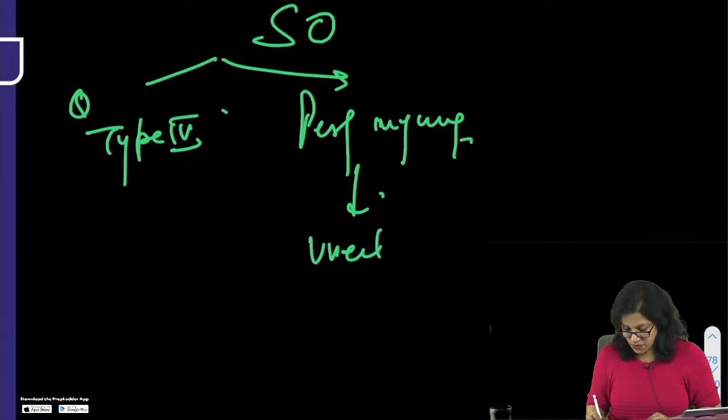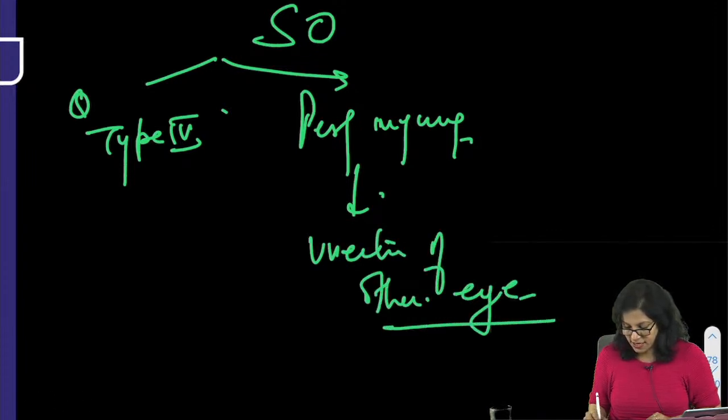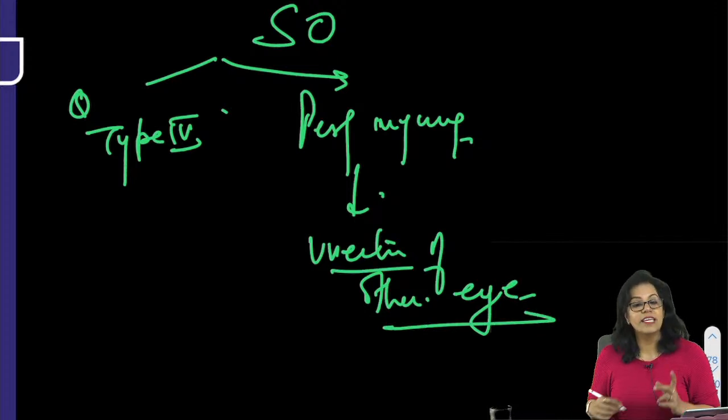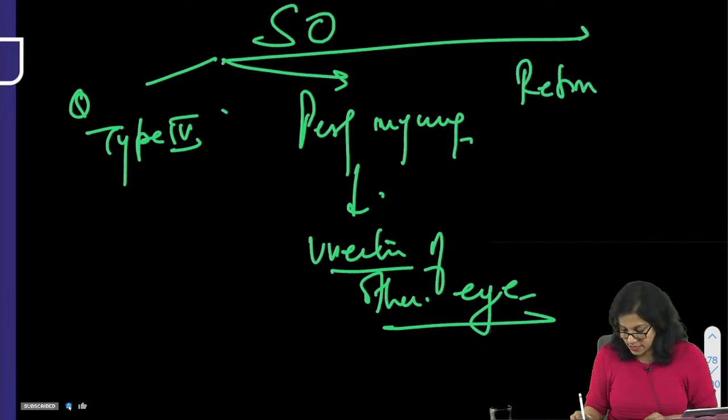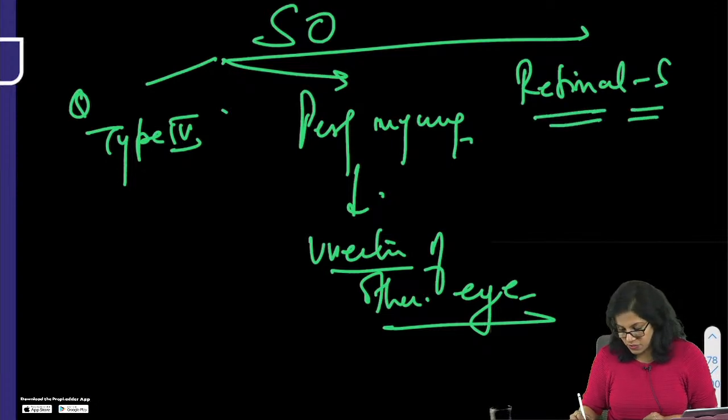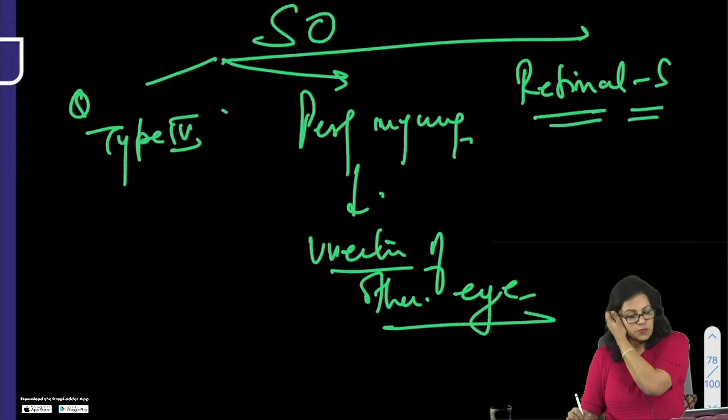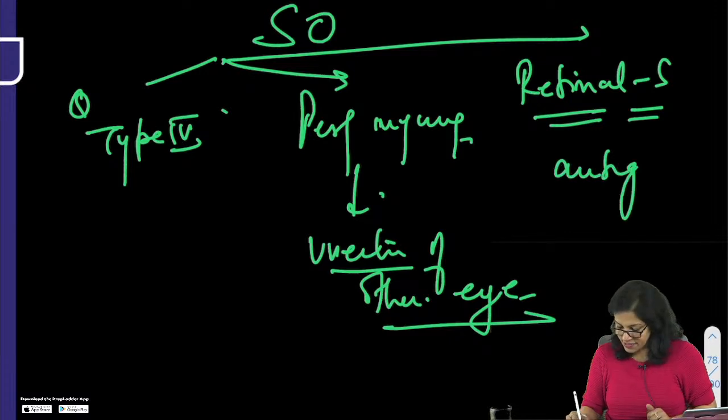So uveitis of the other eye is what is sympathetic. The sympathizing eye is the one where uveitis is happening. It is due to autoimmune reaction to the uveal antigen. Name of the antigen is retinal S antigen, if they ask you. It's not only in the retinal pigmented tissues but also in the uveal tissue. Okay. So retinal S antigen.